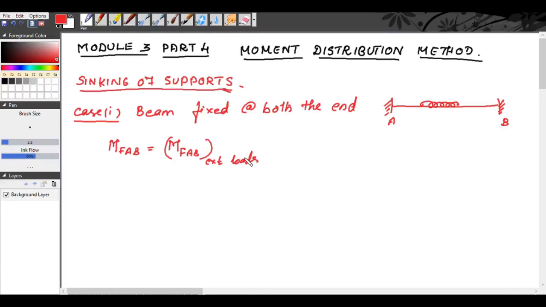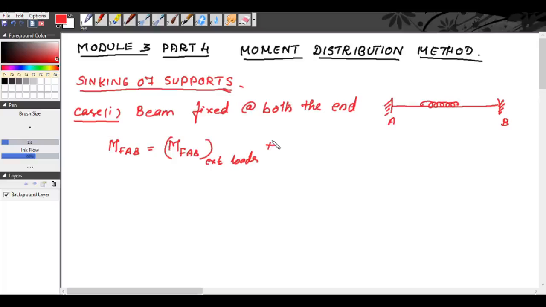That is, when there is a UDL, your fixed end moment MFBC will be equal to plus or minus WL square by 12. If there is a concentrated load, our fixed end moment will be equal to minus WAB square by L square and plus WA square B by L square. So that is the fixed end moment due to the external loads.